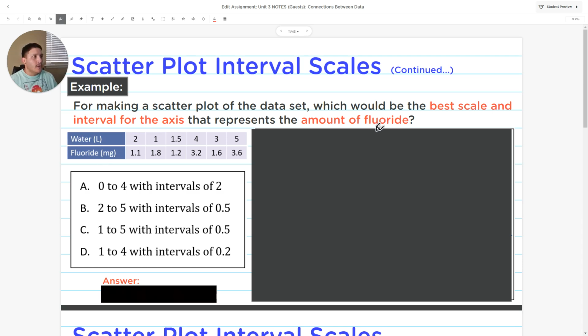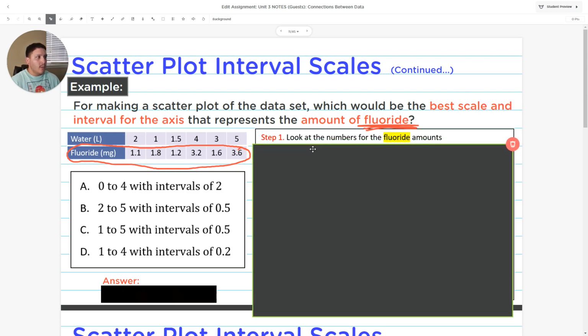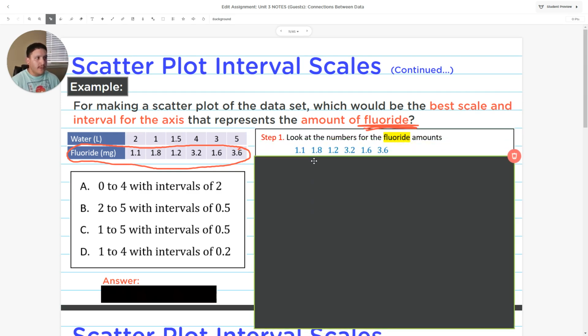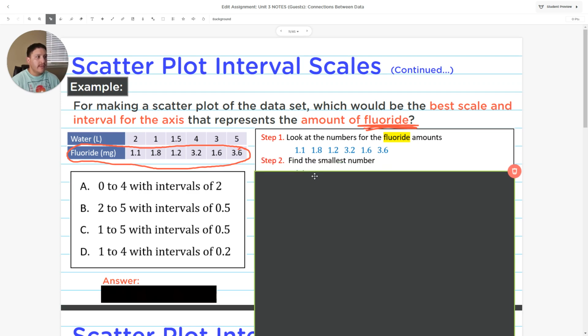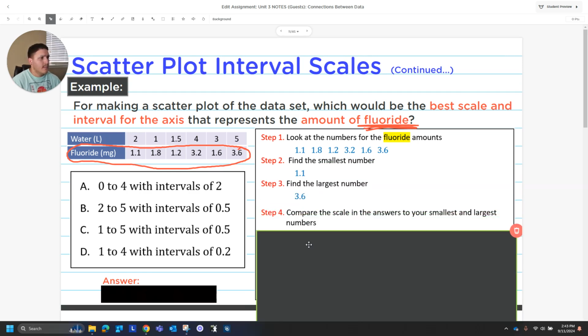It asks for fluoride. So we're only going to focus on fluoride. So best scale and interval. Step 1, we're going to look at the numbers for fluoride amounts, which we did. Step 2, we're going to find the smallest number, which is 1.1, and then find the largest, which is 3.6.